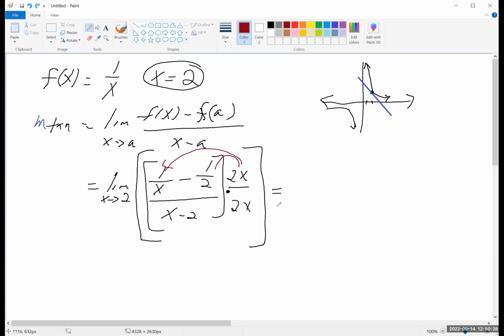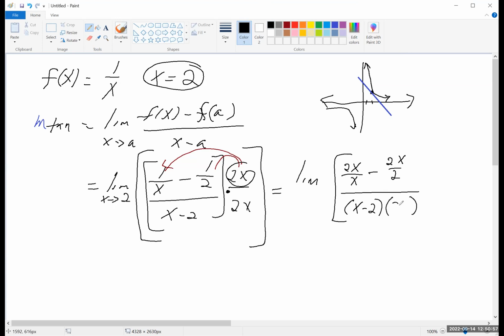But what it allows me to do in the numerator, more importantly, is to write the limit of 2x over x minus 2x over 2, because this value really ends up just going to the numerator. And then I've got x minus 2 times 2x.